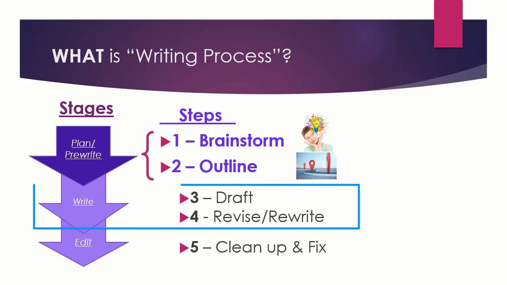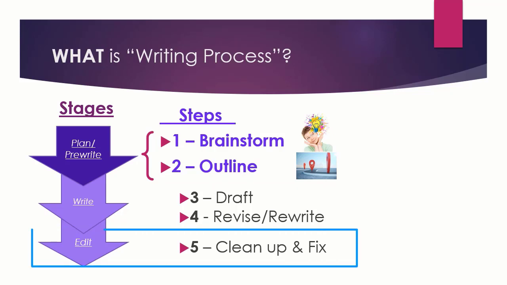The second stage is actual writing, where we draft a paper based on what we planned in the first stage. It may take more than one draft, as we often revise and rewrite our work. The third stage is editing. This is when we clean up and fix any language problems so our communicated ideas are clear and understood.